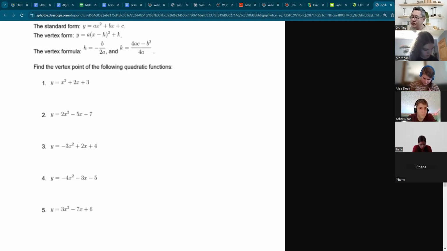Okay. Times 1, 3, that would be 12. I may have done this wrong. I did it in my head. Make sure that when you do 4AC minus B squared, sometimes you add, sometimes you subtract, so see what is the case here.